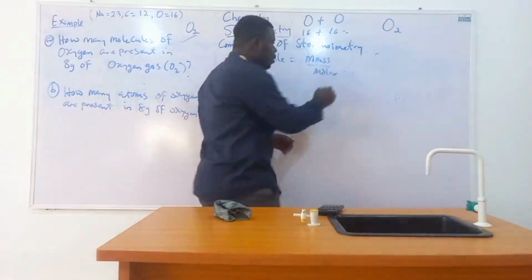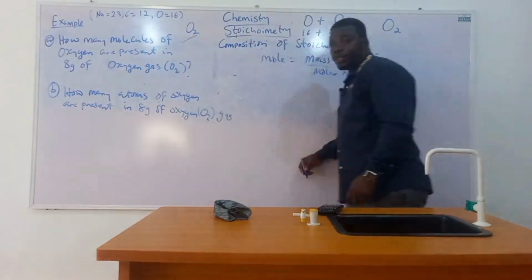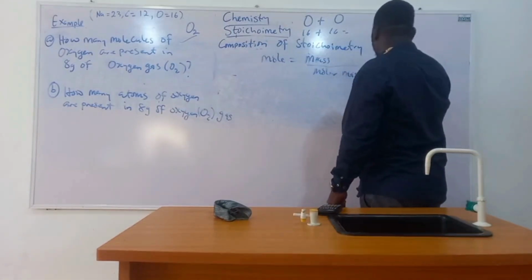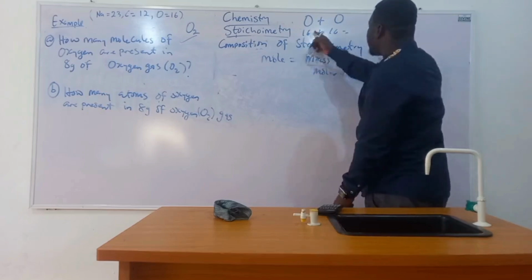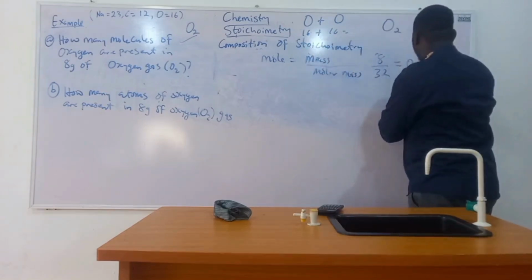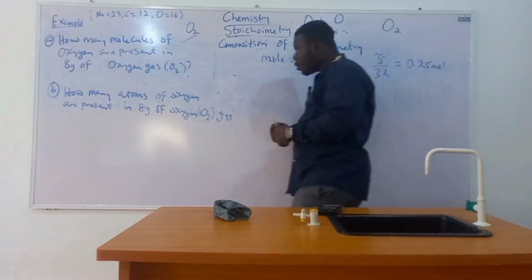Molar mass. Now, in our last calculation, we already know that the mass is 8 over 32, right? 16 plus 16. So if we do this, this is 0.25 mole, right?